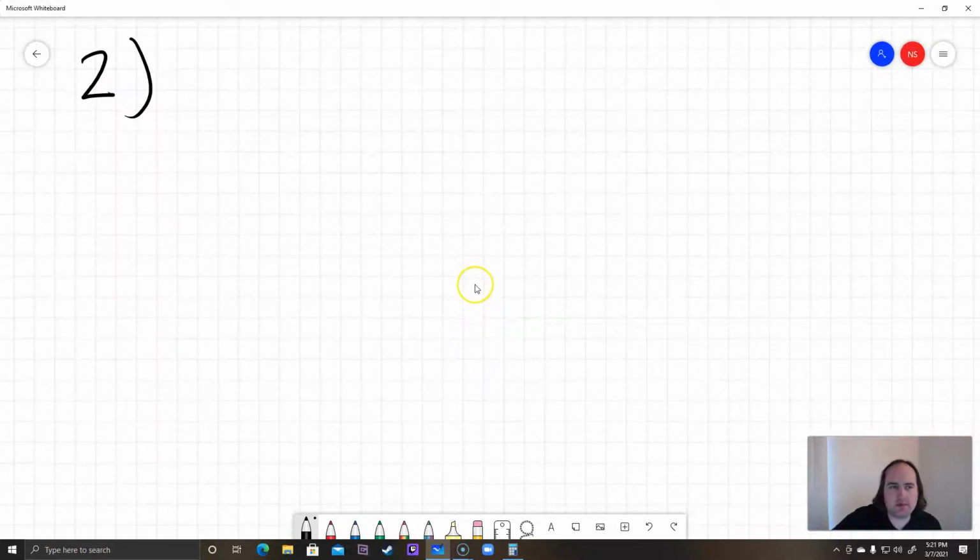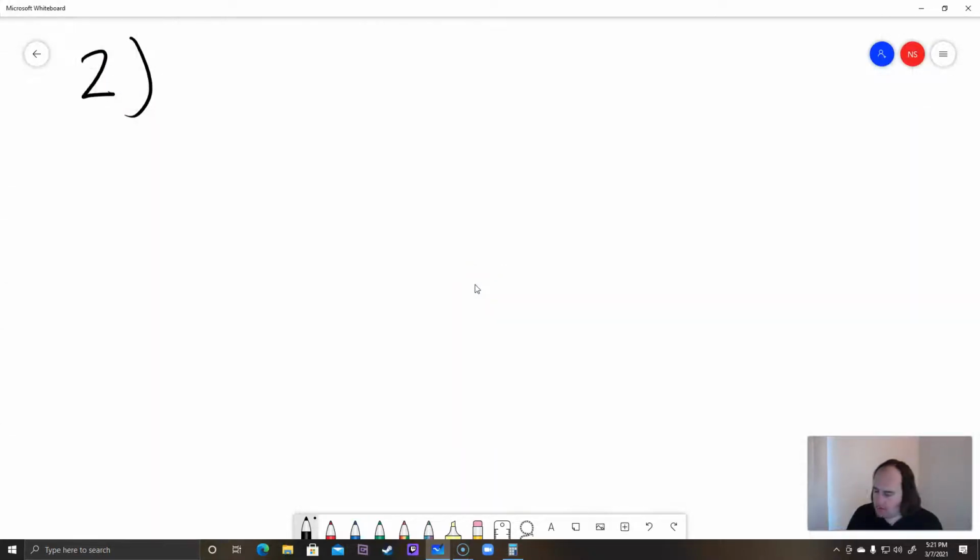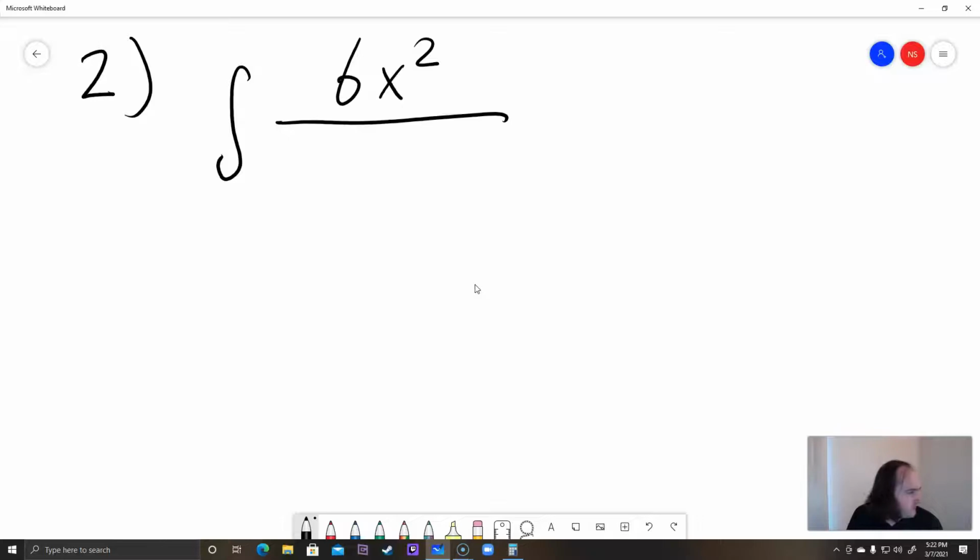Okay, so example number 2 is going to be the integral of 6x squared all over x squared plus 11 dx. Okay?